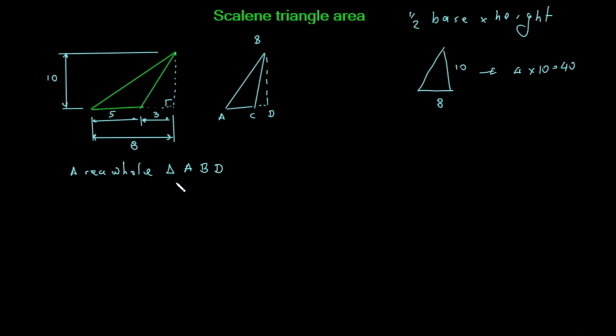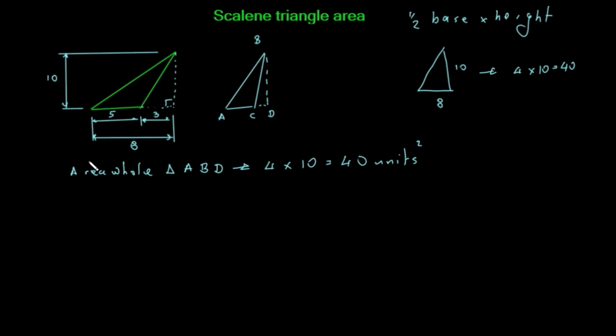So the whole thing is 4 times 10, which equals 40 units square. That is from there to there to there and back again. That's the whole thing.